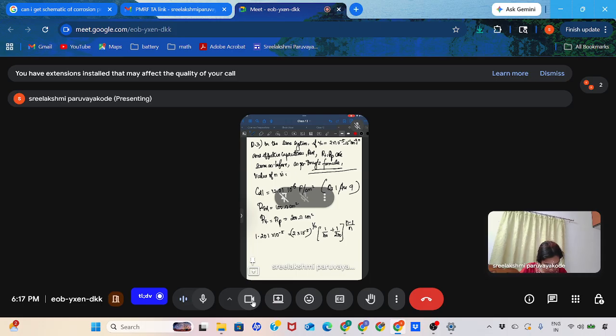If you say 1 by n is in common, or else try trial and error, or use software, some mathematical coding, to find out the n value. If we solve it, we will get n value 0.928. In the question, it's between 0.92 and 0.93. So it's correct.